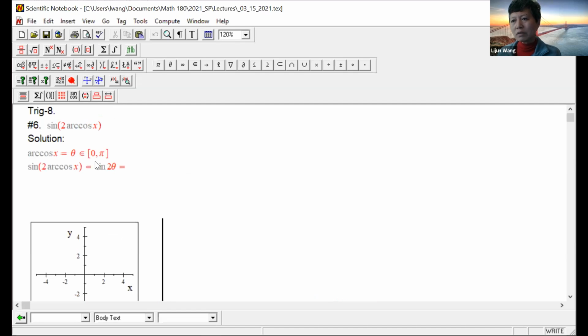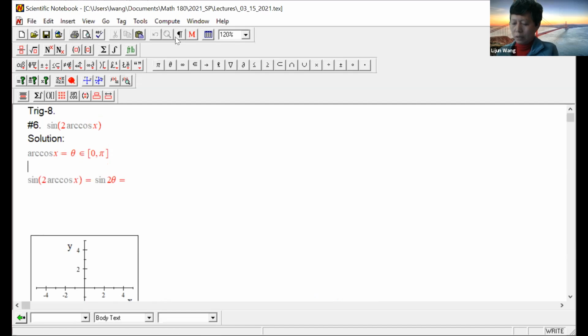So when we handle this question, we need to understand that cosine theta equals x. In order to find the algebraic expression for sine of 2 times arc cosine x, with this assumption, we know this is an angle.